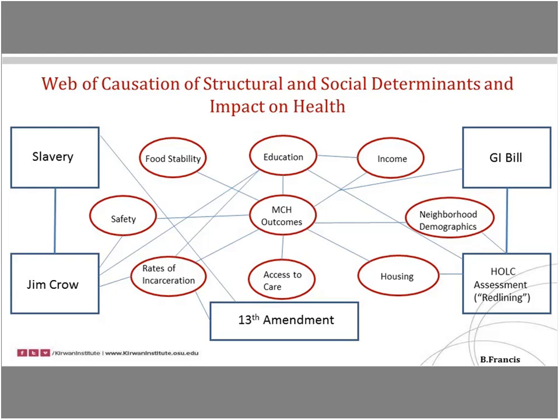Then we have to take into account that our web includes structural policies, that our web is influenced by slavery, that our web is influenced by Jim Crow, that these particular structural determinants and conditions are still having lasting effects on minority populations within the United States, and that without addressing them, we won't fully be able to address MCH outcomes.